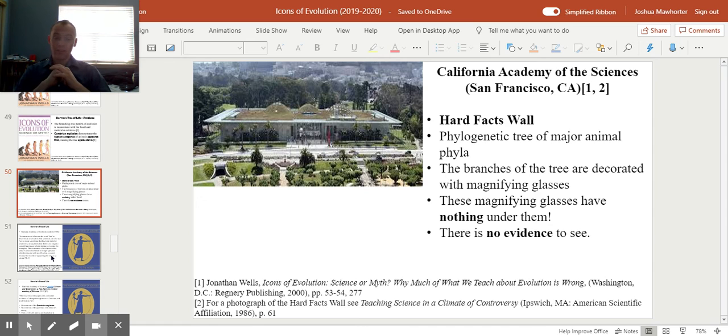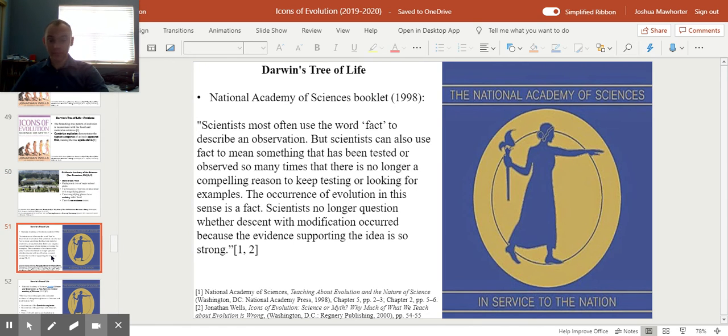The author of this book says that the magnifying glasses have nothing under them because there's no evidence to see, because this is not how it works. It denies the molecular evidence, it denies the fossil evidence, but it's still used as a set of evidence for a particular theory of evolution.